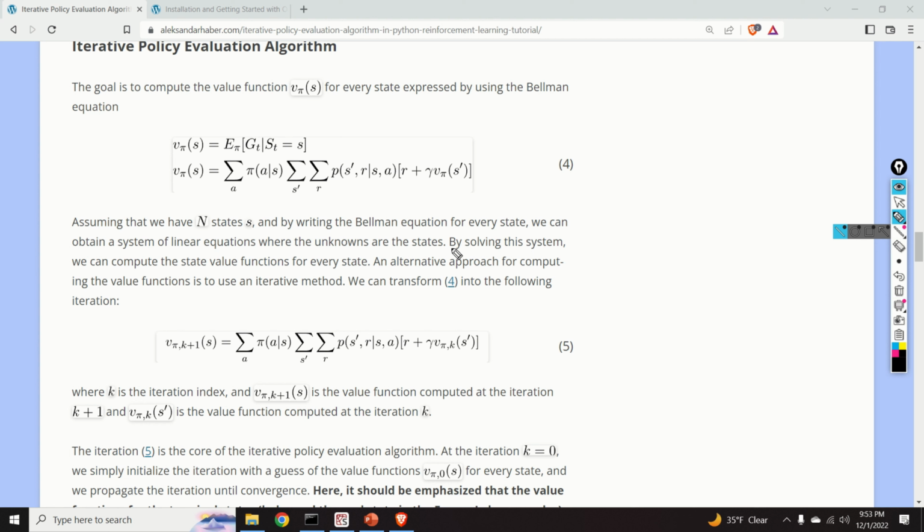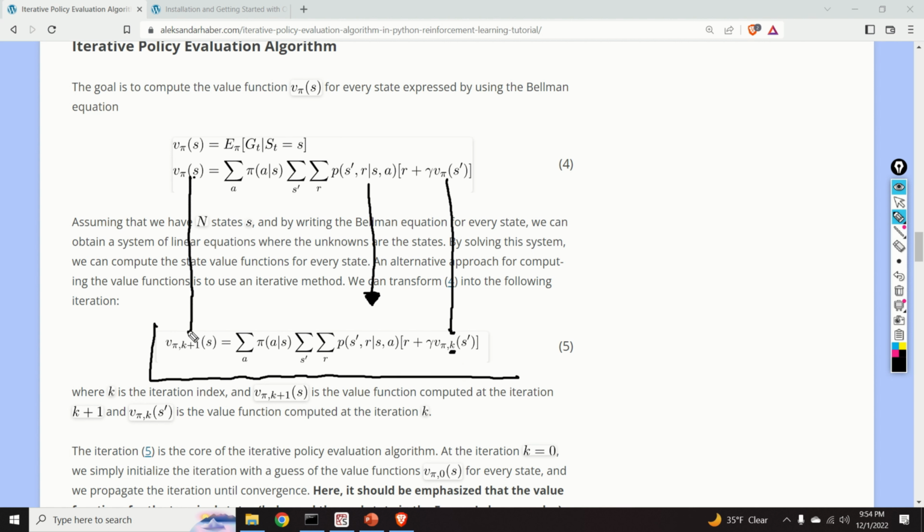What is the main idea? The main idea is to transform the Bellman equation into an equation that's iterative. And here's the result. So what did we do over here? We simply included an index k over here and an index k plus 1 over here. And here is the iteration.